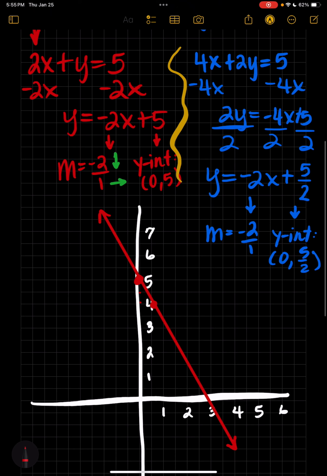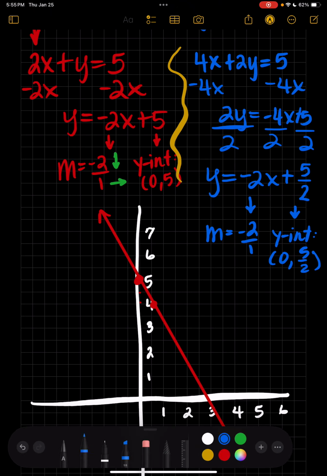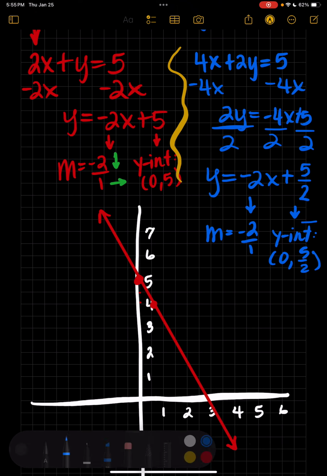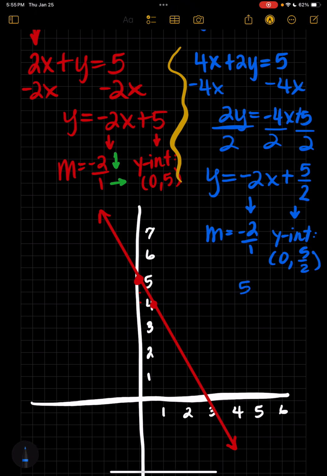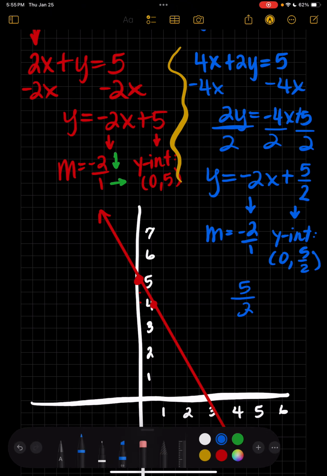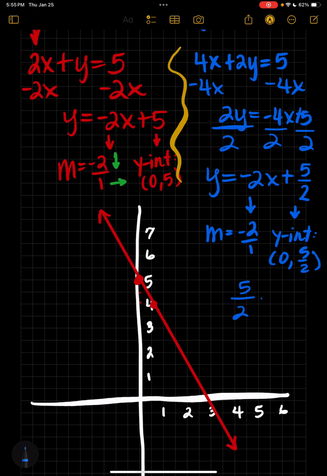So now do the same thing for our blue line. We're going to start with that y-intercept. And if you put in your calculator 5 divided by 2, you get 2.5. So when you have 5 over 2, that's just the same thing as 5 divided by 2.